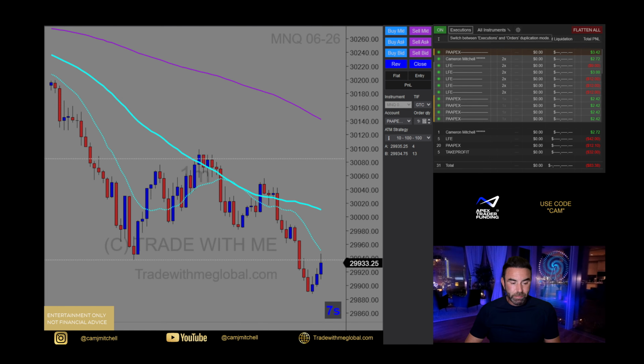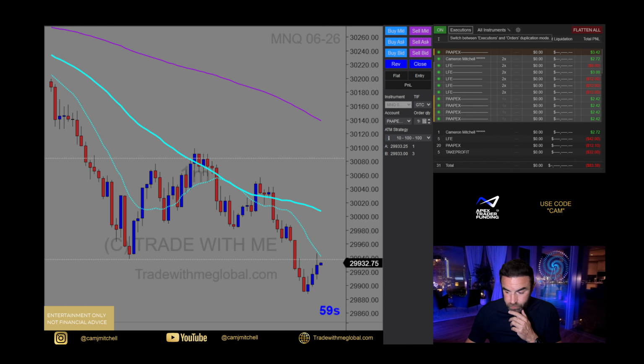We really needed to bounce off the low. That's what we needed to do, and unfortunately we broke through it. Makes it much harder to recover if it's not a double bottom, not a high or low, but still can.